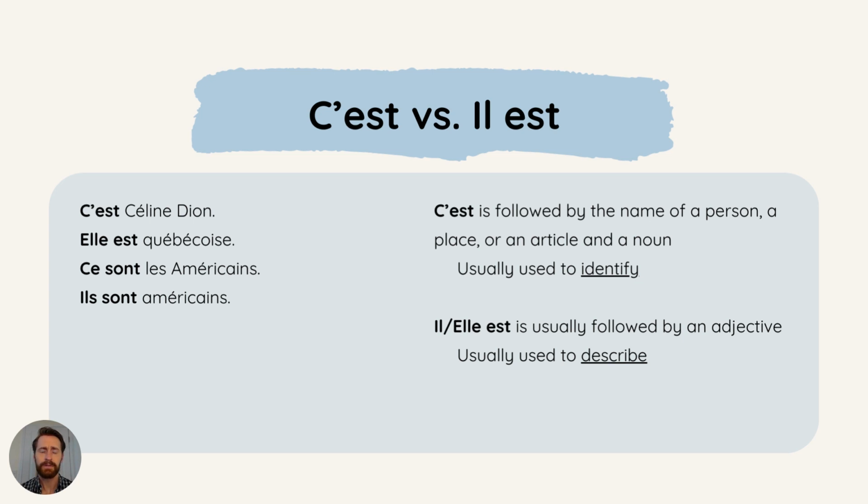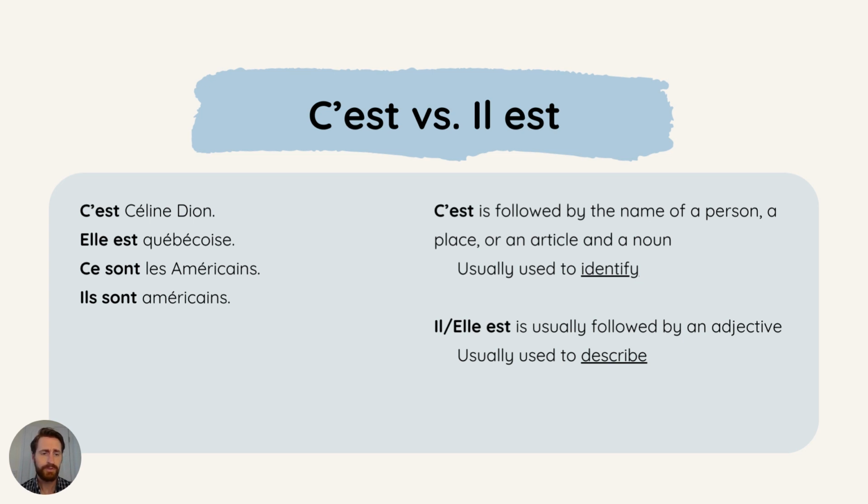So we're going to look at the difference between c'est and il est, ou elle est. So here we have some examples of sentences. We have c'est Céline Dion, elle est québécoise. Ce sont les Américains, ils sont américains. So, the general distinguishment between the two, c'est is followed by the name of a person, place, or an article and a noun.